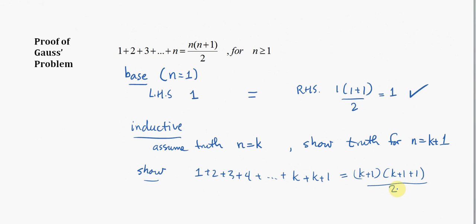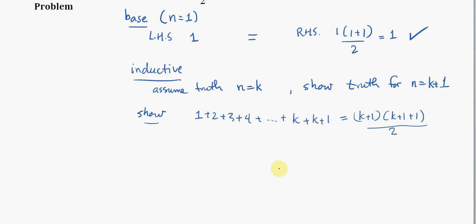We want to show that if this formula is true for n equals k, then it must also be true when n is equal to k plus 1. I'll just put parentheses around this. It helps you visualize it a little better.